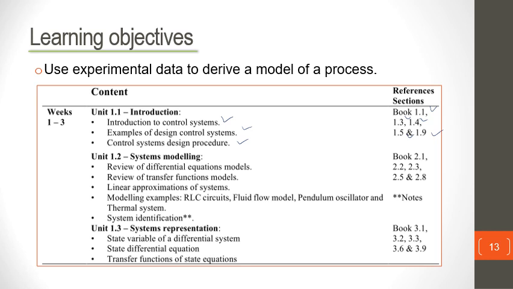We have also reviewed the use of differential equations. We have reviewed the application of transfer function models. We have looked at new information, which is how to do linear approximation of nonlinear systems. We have reviewed RLC circuits, fluid flow systems, pendulum, and thermal systems. We have just looked at system identification. If you want to review this information, you are free then to go to the book sections 2.1, 2.2, 2.3, 2.5, and 2.8.